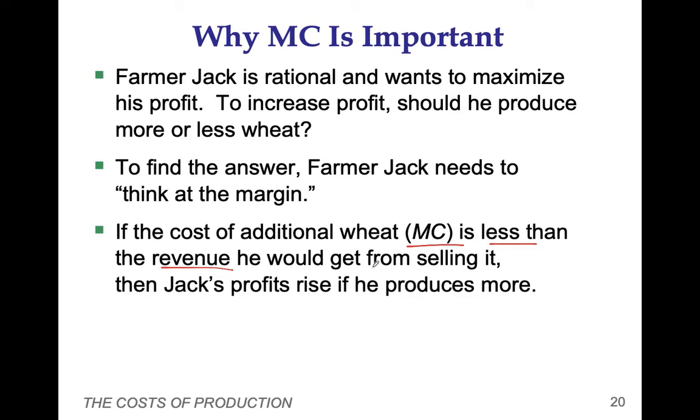So he's rational. He doesn't like to find his profits falling. He wants to produce at the highest profit possible. So he will not produce that one additional bushel of wheat.